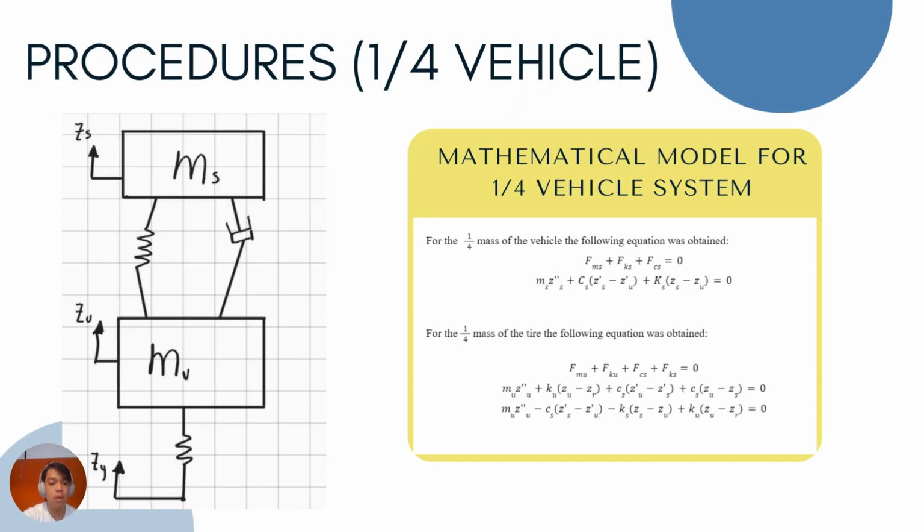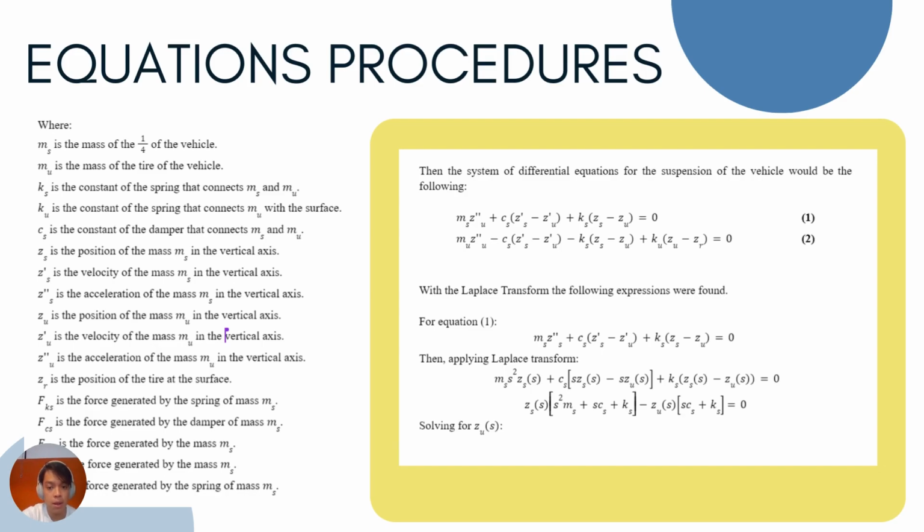For the procedures with one quarter of the vehicle weight, we have this schematic diagram and these mathematical models. We work by applying the Laplace transform and other algebraic procedures. Here we have the variable meanings.